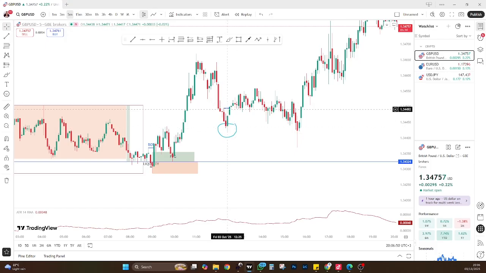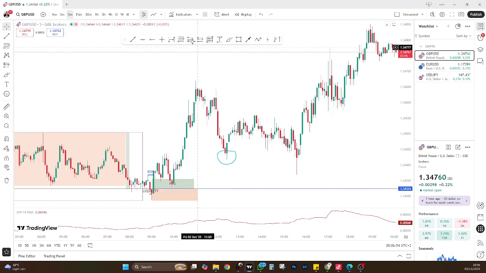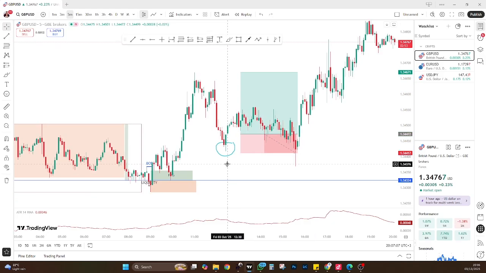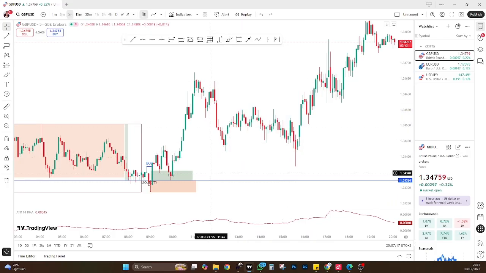So most people, ama watu wengi, will wait for the market to retrace to this position, and then they will take a buy position. What will be their target? That one, and then stop loss below this. But what will the market do? Itakuja, it will take out this liquidity and come to our new order block.